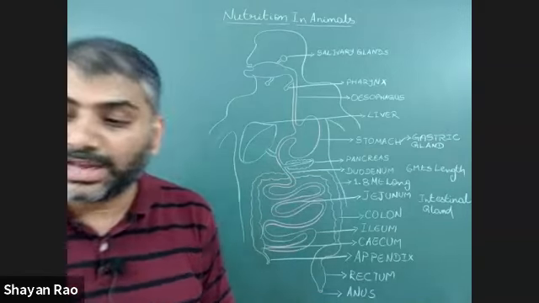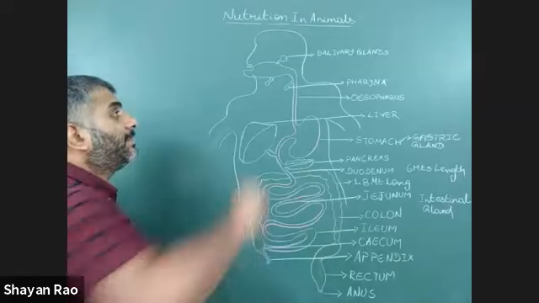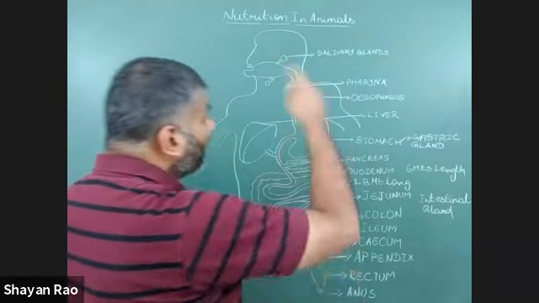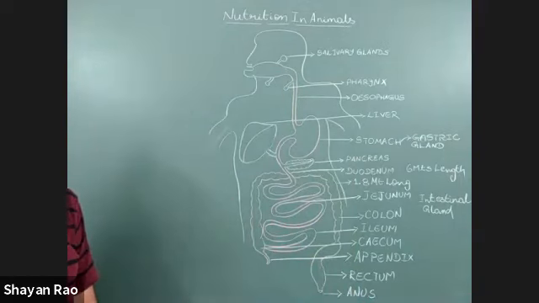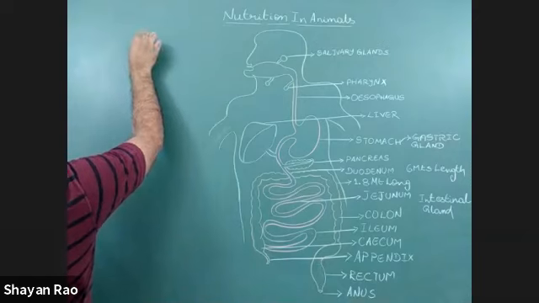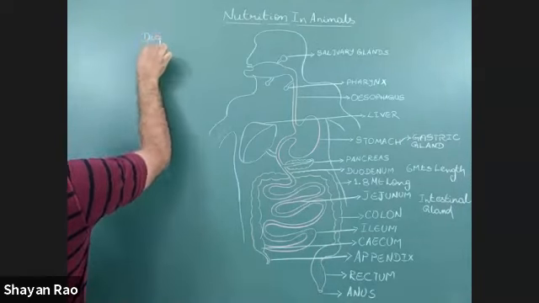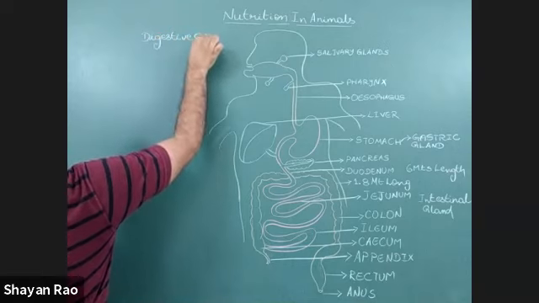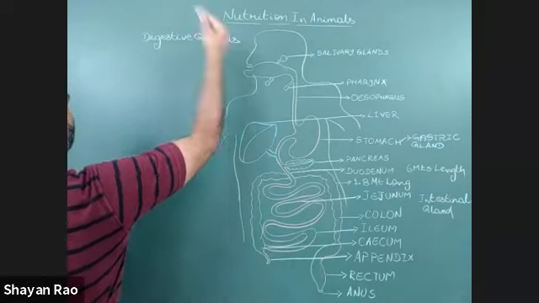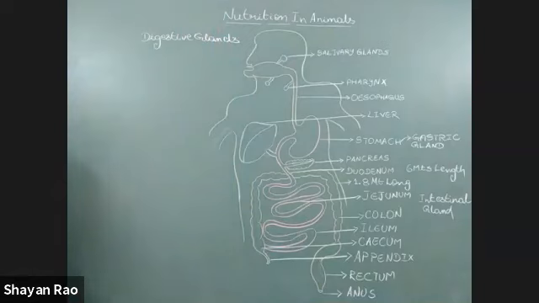Okay. So the next important thing is that this entire alimentary canal is going to be connected with a variety of glands, which I call digestive glands. So there are digestive glands here.